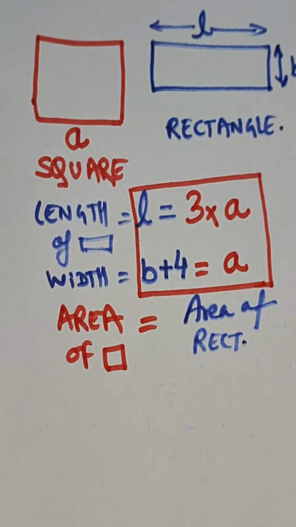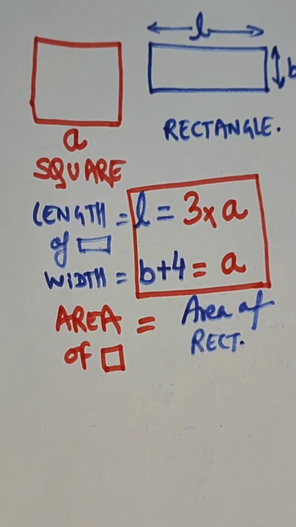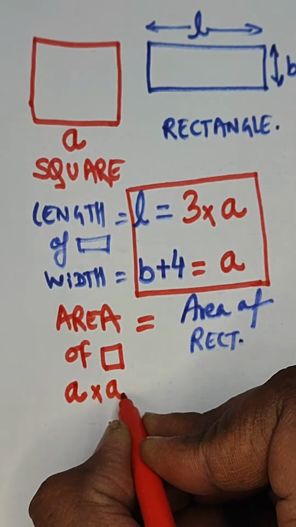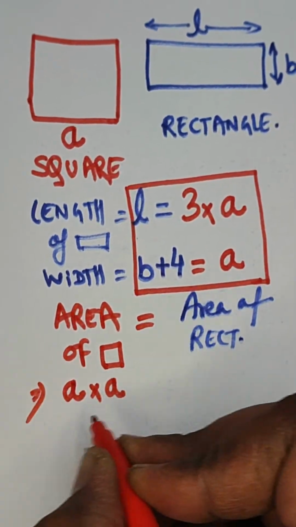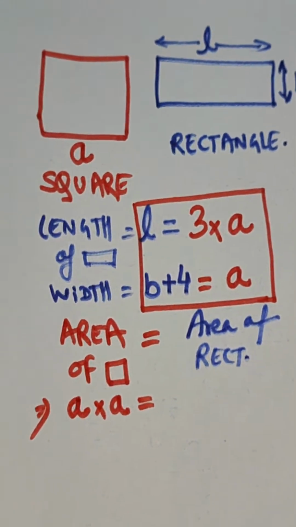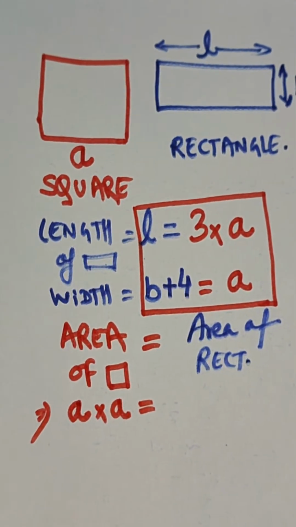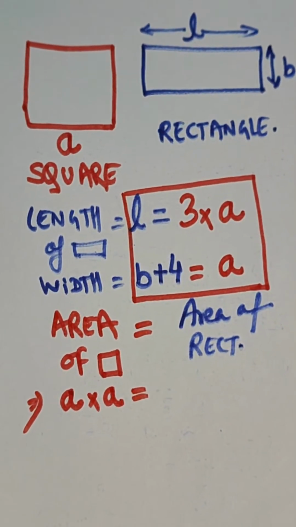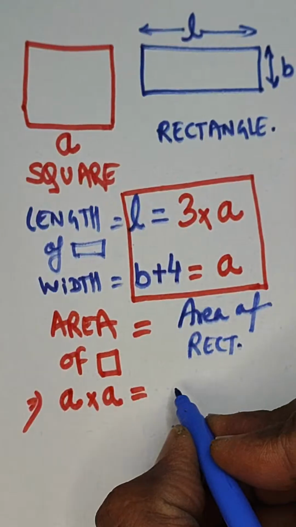This is given to you. And what is the area of a square, my dear friends? You know it, side into side, that is A into A. And this is equal to the area of the rectangle. What is the area of the rectangle? You know it, L into B, exactly. So this will be equal to L into B.